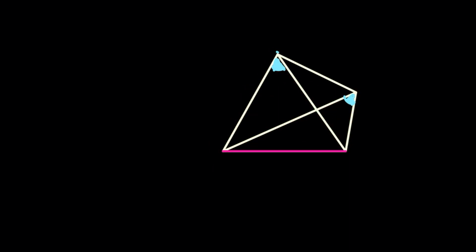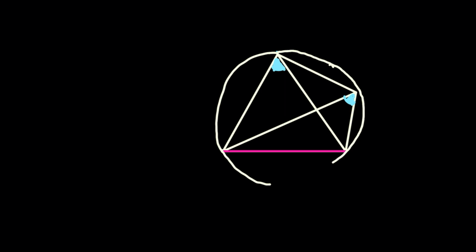So they are standing on the same segment. We want the angles standing on the same segment to be equal. What happens if they're equal? Well, there is a theorem, and we are not going to prove it in this video, that there is a circle that passes through all of these 4 points.